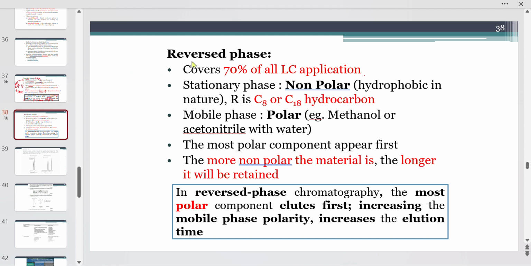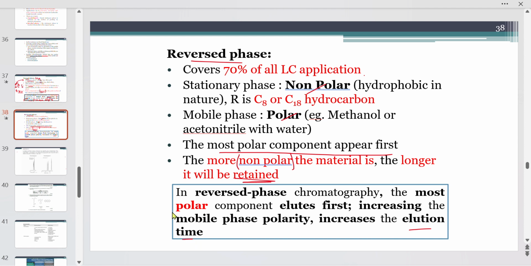So let's move on to the reverse phase. In reverse phase, you already know the stationary phase is non-polar, the mobile phase is polar, and the polar analyte will be eluted first, but the non-polar will retain. This is the one that will determine your elution time.